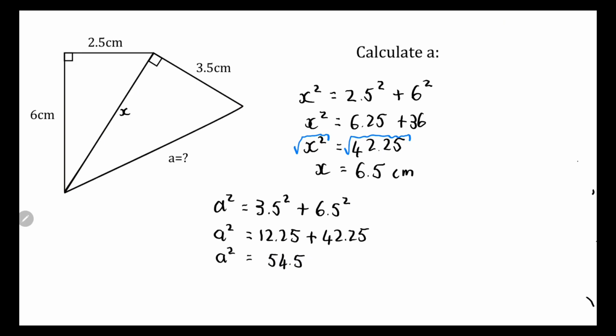Now, yet again, don't forget to take the square root of A squared and on the other side. Then your final answer would be A equals 7.38 if you were to round the answer off to 2 decimals or 3 significant figures. And don't forget your units.